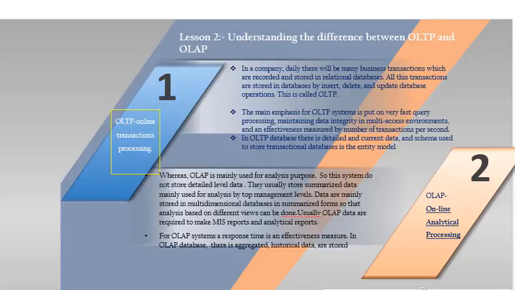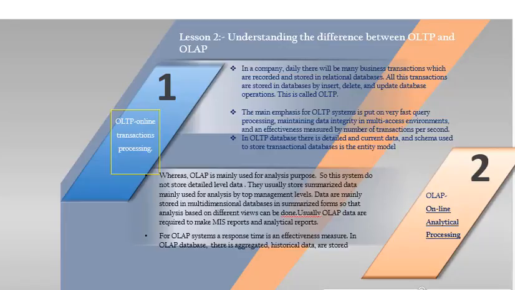This is called OLTP. The main emphasis for OLTP systems is put on very fast query processing and maintaining data integrity in multi-access environments, with effectiveness measured by the number of transactions per second. In an OLTP database, there is detailed and current data, and the schema used to store transactional data is the entity model.